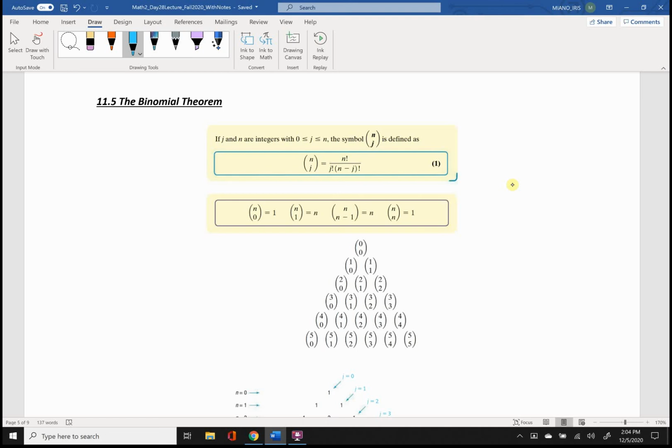So you're going to iterate your binomial coefficients to be n choose 0, n choose 1, n choose 2, n choose 3, all the way up to n choose n minus 1, and then n choose n is going to be the last binomial coefficient in the expansion using the binomial theorem. So knowing the first two and the last two have these particular values of either 1 or n is going to be very helpful to the process.